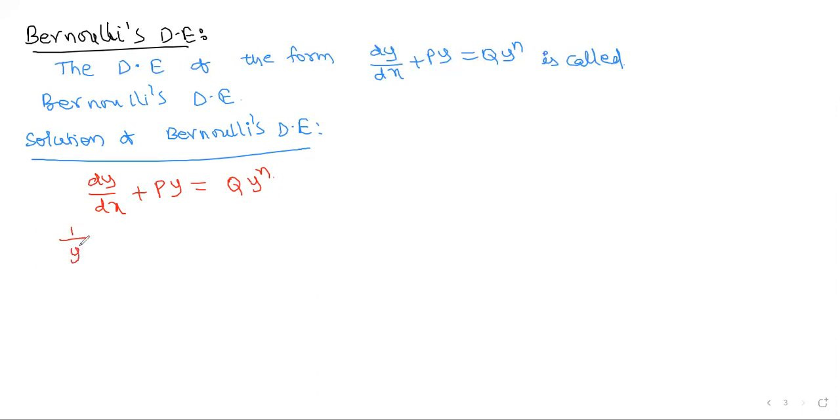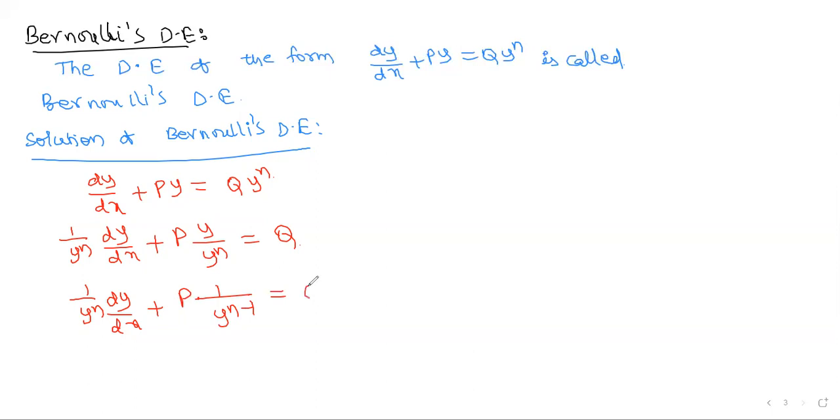So 1 by y power n into dy by dx plus p into y by y power n is equals to q. Then this becomes 1 by y power n into dy by dx plus p into 1 by y power n minus 1 is equals to q. Now let 1 by y power n minus 1 is equals to z.